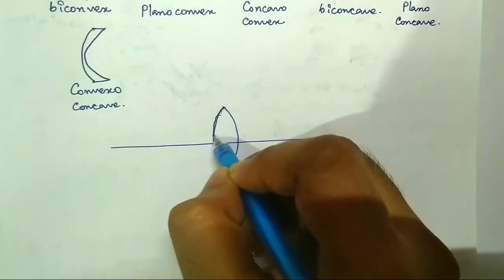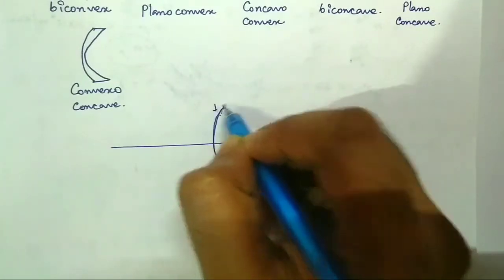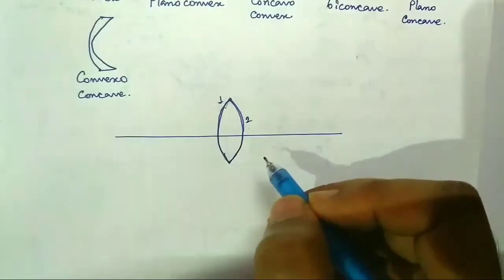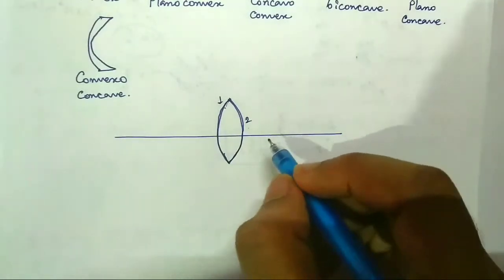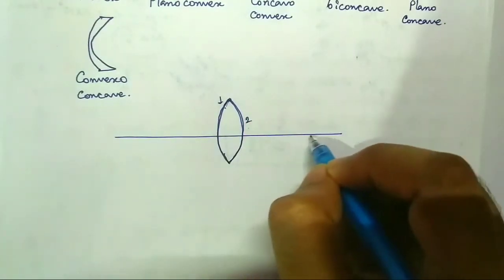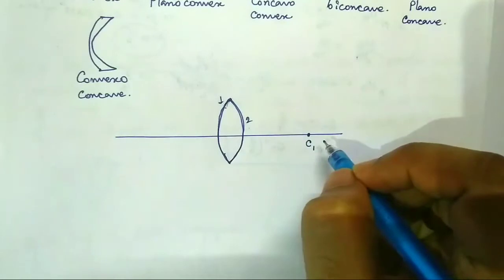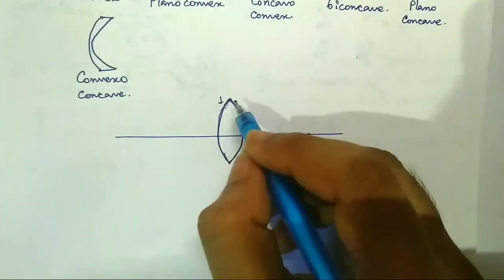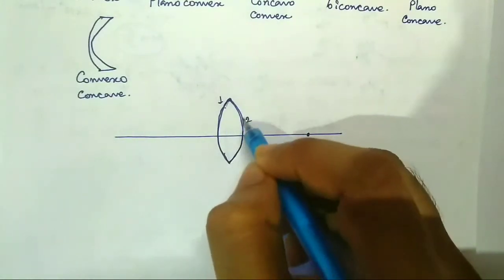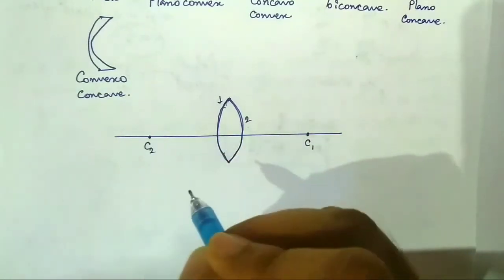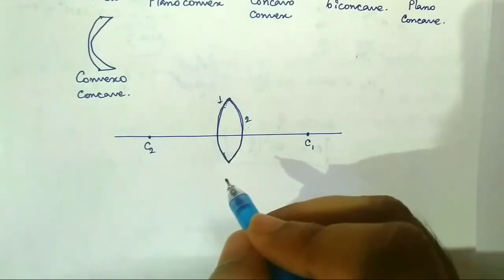Suppose this is the refracting surface 1 and this is the refracting surface 2. So the center of curvature of surface 1 will be C1, and the center of curvature of surface 2 will be C2, and the radii of curvature is what?